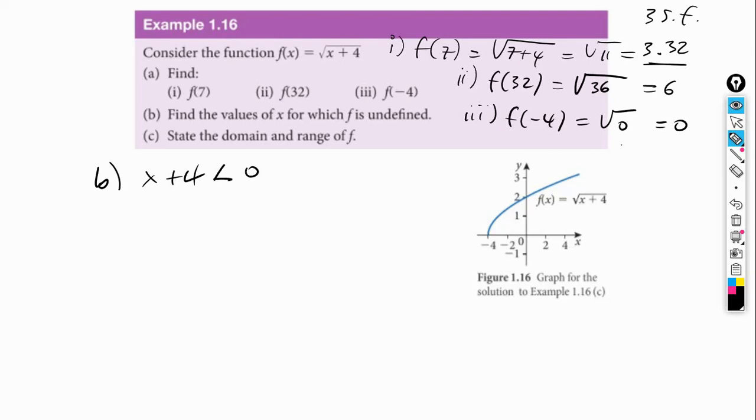So that means that it's going to be undefined for all values of x that are less than negative 4. For C, they say state the domain and range. So the domain would be the opposite of this, meaning that the domain would be x such that x is greater than or equal to negative 4, and x is real.